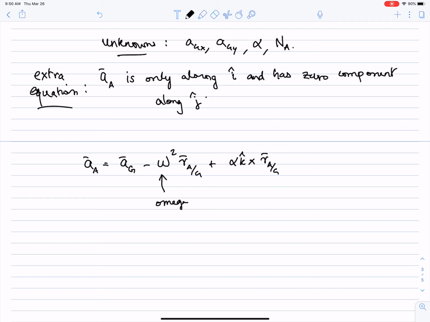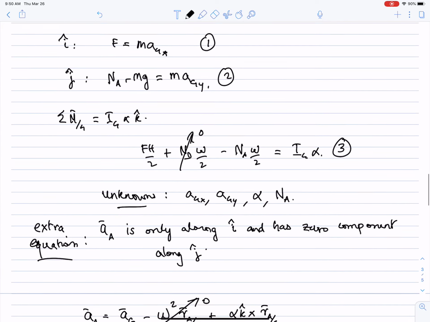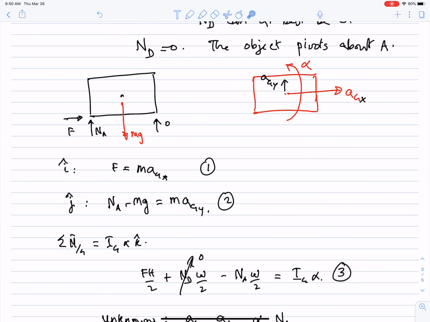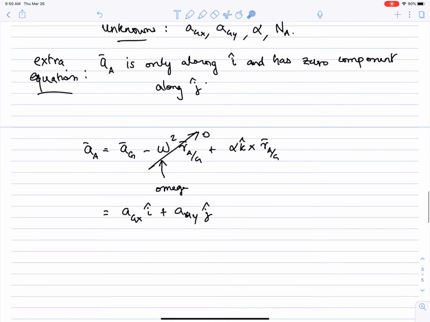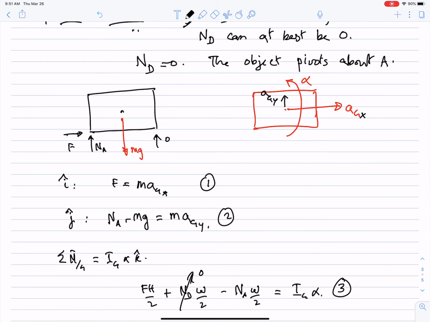Initially, when the object is just taking off, the angular velocity equals 0, even though the angular acceleration does not equal 0, so we can cross that term out. So what we have is AGX I plus AGY J, that's AG, the acceleration state of the system we've assumed, plus alpha K cross r_A with respect to G, which is essentially the vector from G to A.